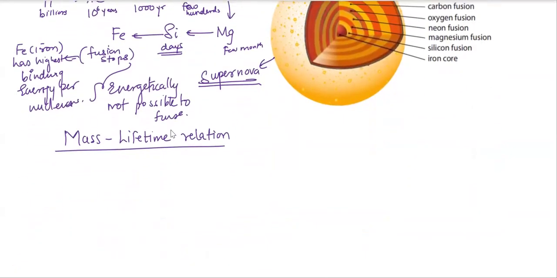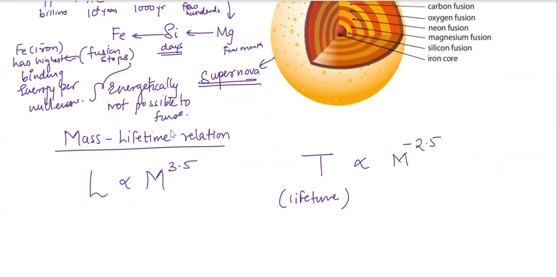We can predict the lifetime of the main sequence star. We already know that luminosity is related to mass as M raised to 3.5. But the lifetime of the star, how long it will stay as a main sequence star, depends on the mass as M to the power of minus 2.5.